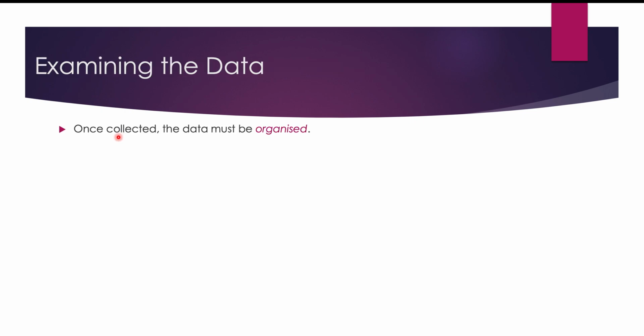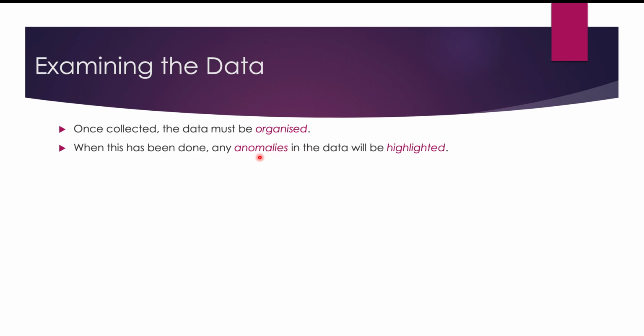When we're examining our data, once we have organized it, we have to identify any anomalies and highlight them. So any type of data that seems out of the normal, or that seems like a weird answer, response, or data that we obtain.